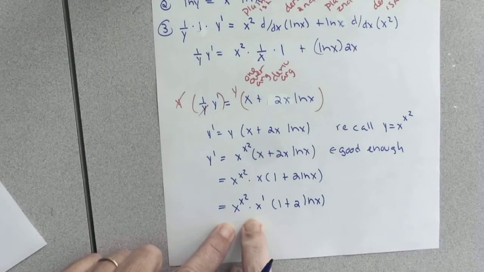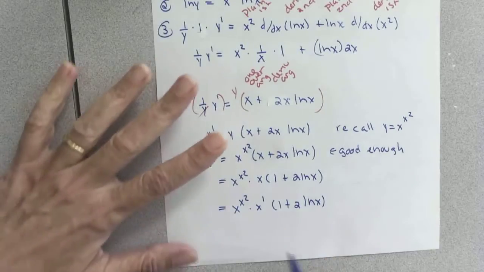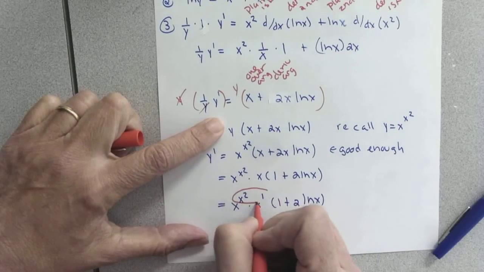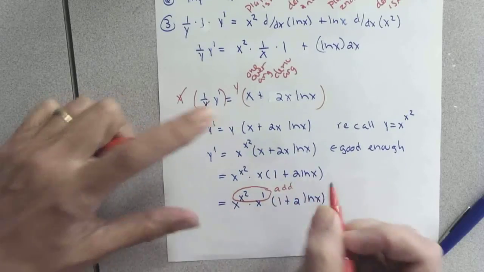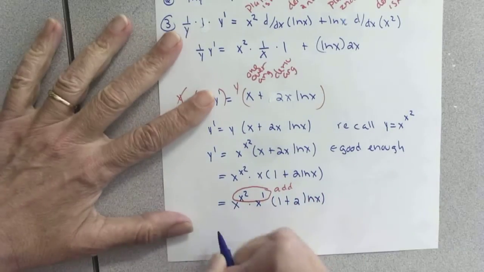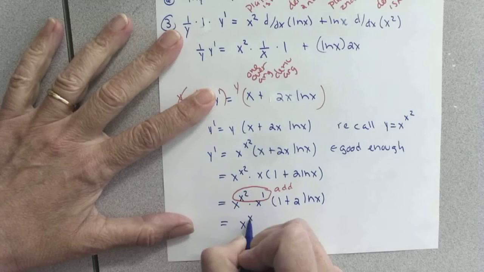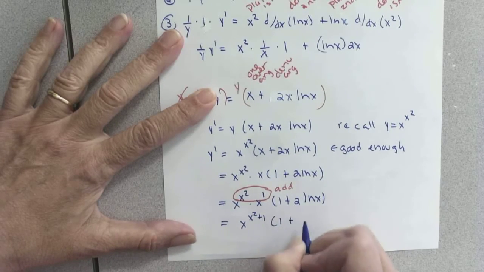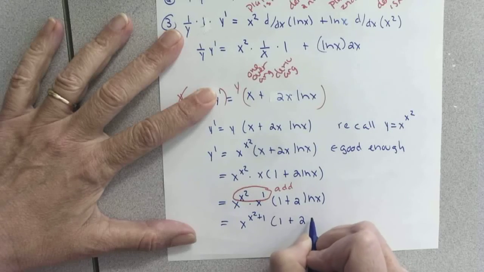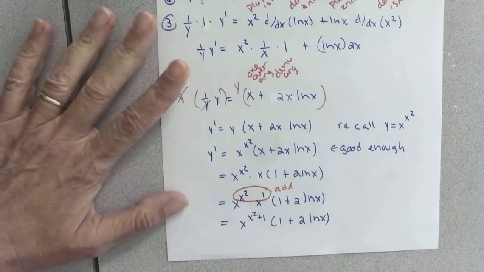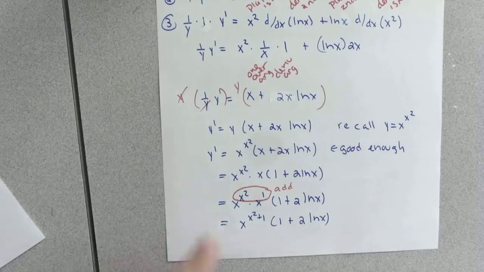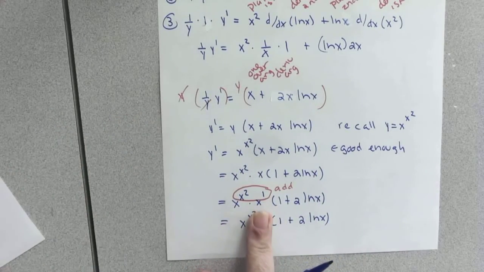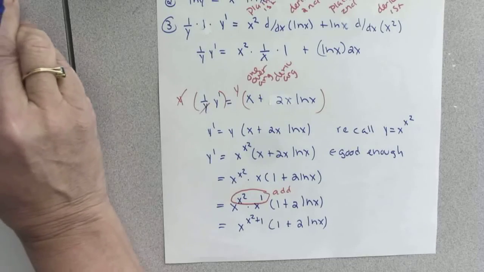And now I'm multiplying with the same base, and so I could add my exponents and get a wonderfully perfect answer of x raised to the x squared plus 1 times the quantity 1 plus 2 natural log x. You couldn't pay me to care about that. This is a good enough answer, but I see this every once in a while on the computer, so I just want to alert people to it.